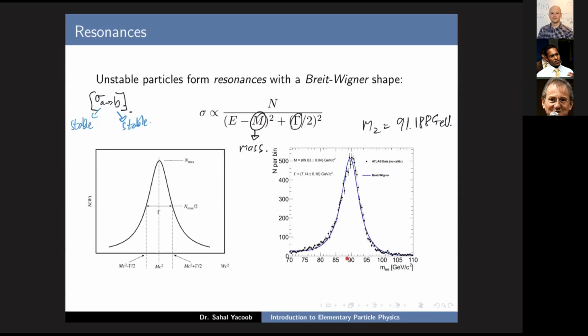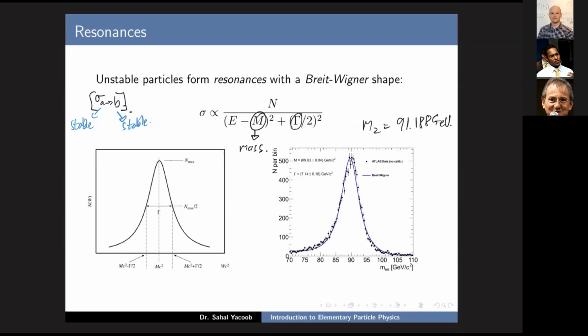And when the invariant mass is around the mass of the Z boson, we start seeing lots more Z bosons being produced. The width of this distribution is governed by how quickly the Z bosons then decay. So if a particle is stable, this becomes incredibly thin, a Dirac delta function.